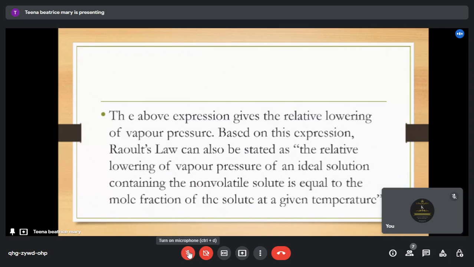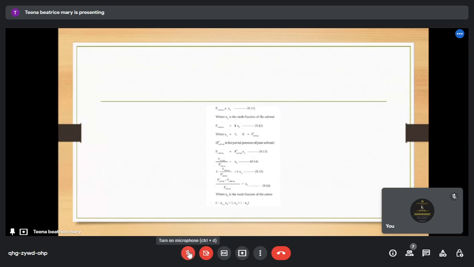The above expression gives the relative lowering of vapor pressure. So here what is happening? The vapor pressure is getting lowered due to the presence of a non-volatile solute.